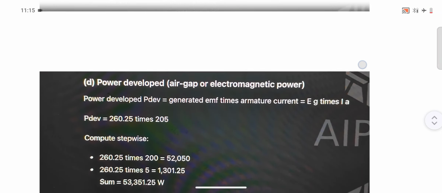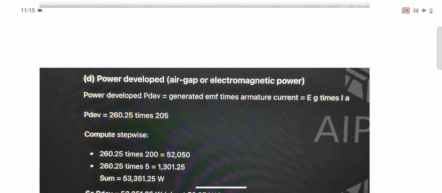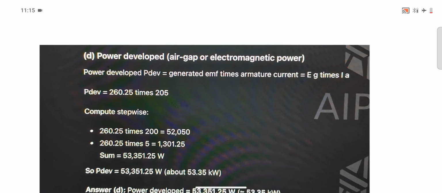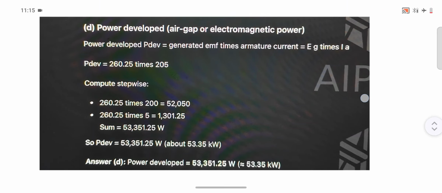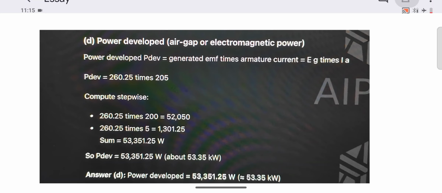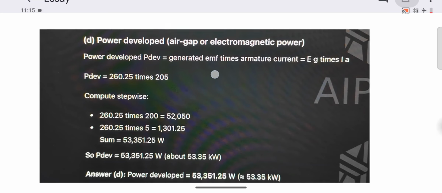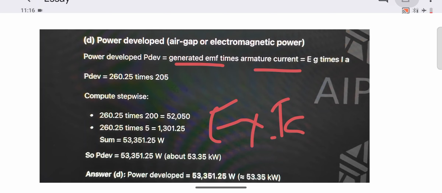Next, power developed. Power developed is equal to generated EMF into armature current, since power is simply V into I. So P developed equals E into IA.